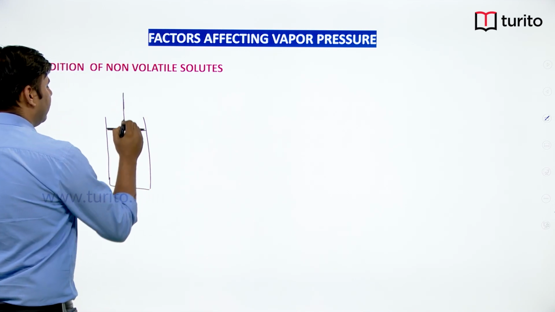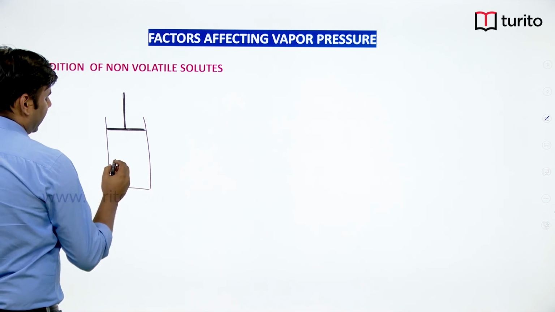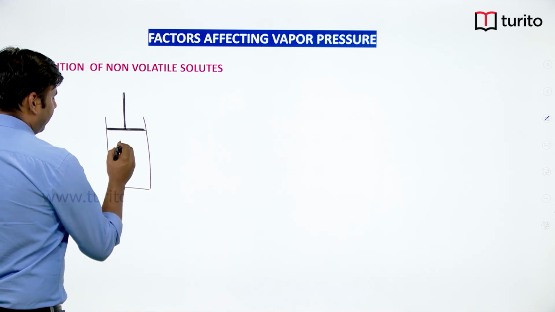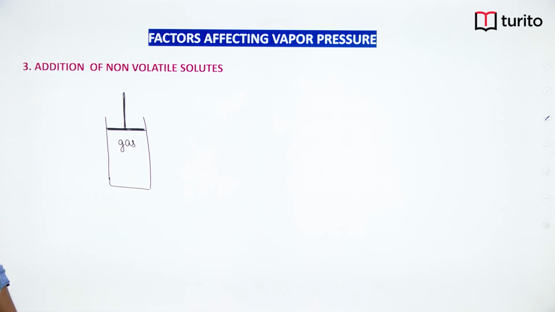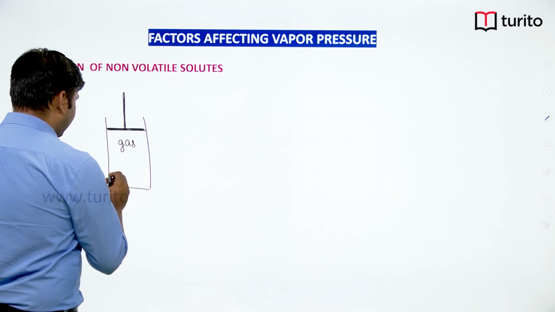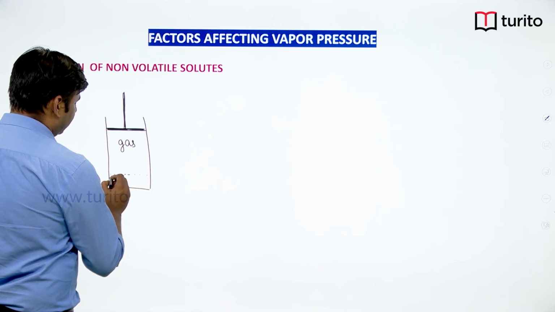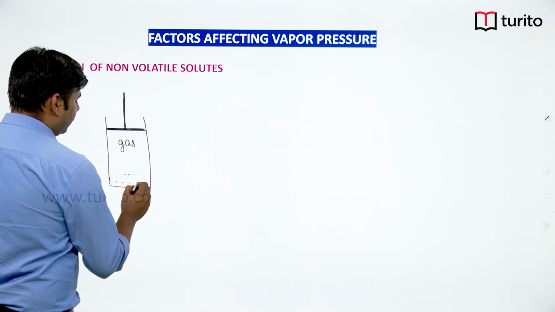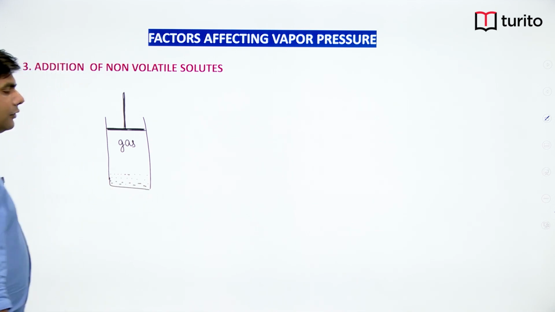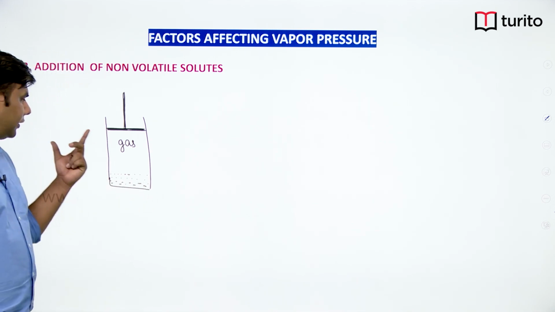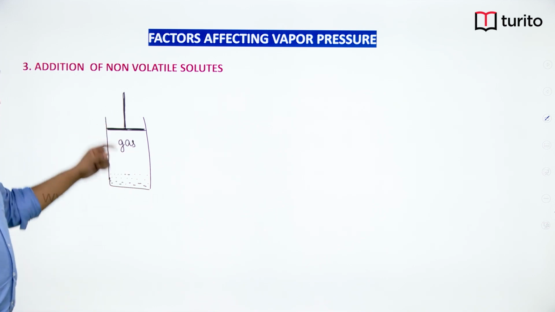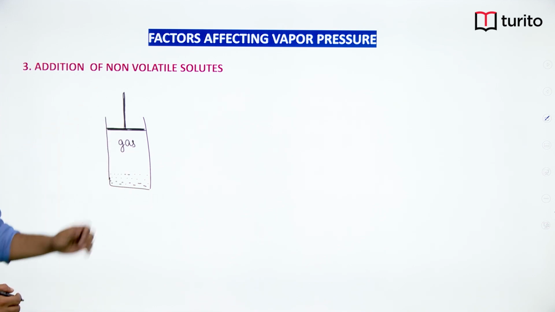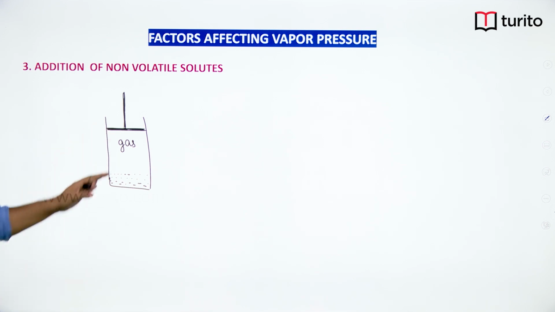Now suppose there is a gas inside this, and there is some water also. I hope this diagram is clear to everyone. So we have a cylinder fitted with a moving piston. It has a gas and some water.